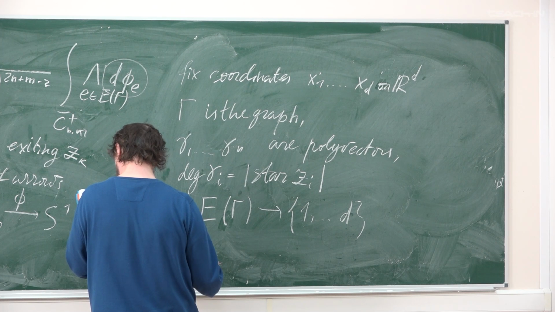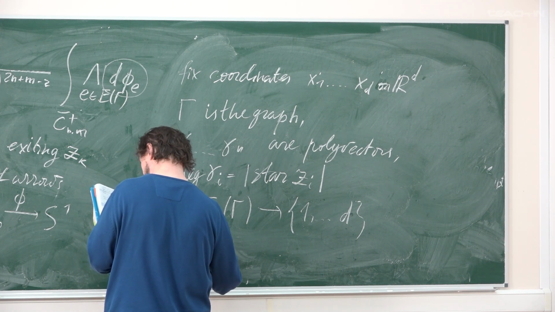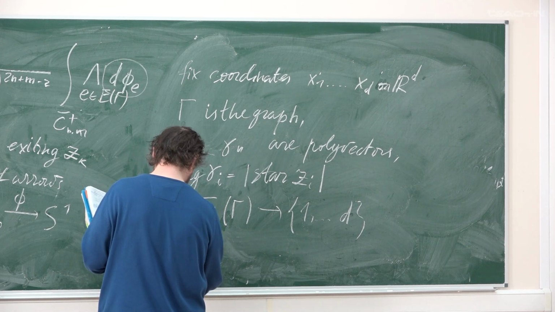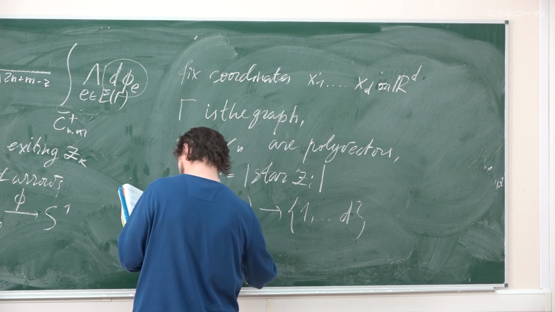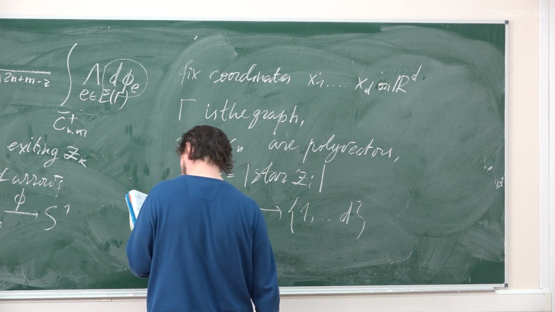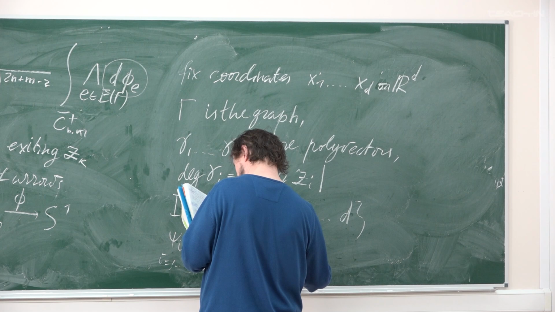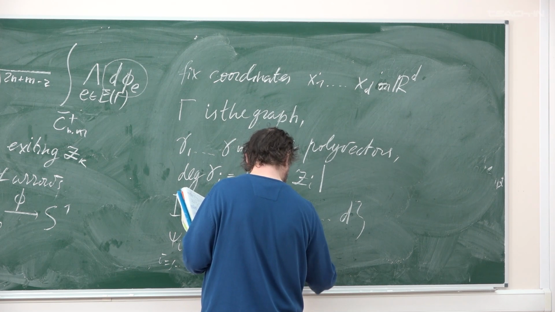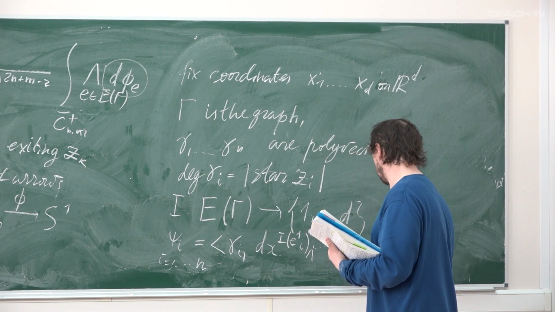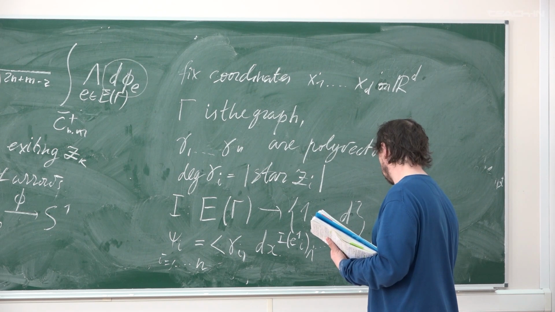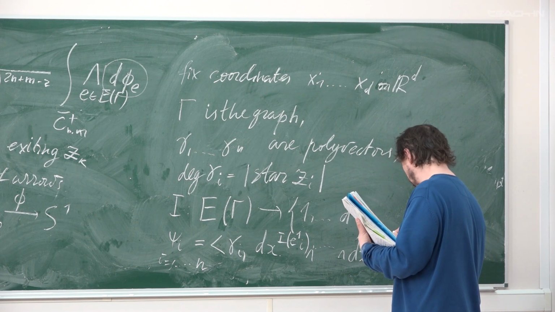So we put psi i, for i from 1 to n, equal to the pairing of the ith polyvector gamma i with dx I of the first arrow which exits this vertex, wedge, wedge, wedge, dx I of the last arrow which exits this vertex.